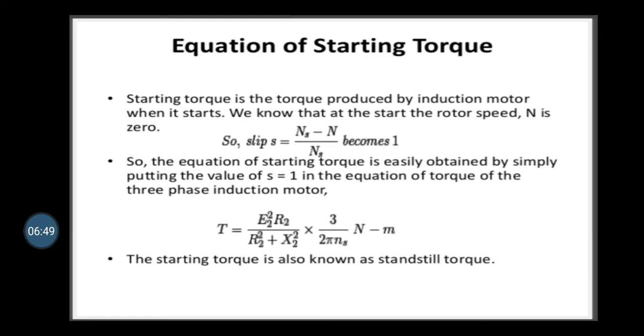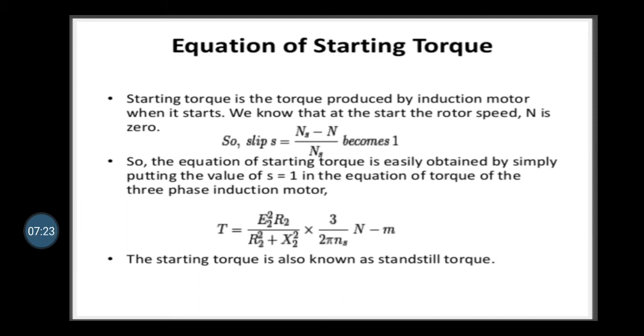At starting, the rotor of the induction motor is stationary, meaning the speed of the induction motor is 0, and at that time the slip is 1, since S is equal to Ns minus N upon Ns, which becomes 1. So the equation of the starting torque is easily obtained by simply putting the value of S in the equation of torque of the three-phase induction motor.